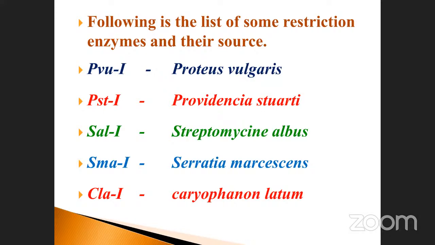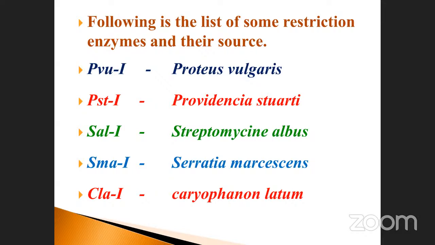ClaI is from Caryophanon latum. These enzyme-producing genes are also present within pBR322. So just note it down, my dear student.